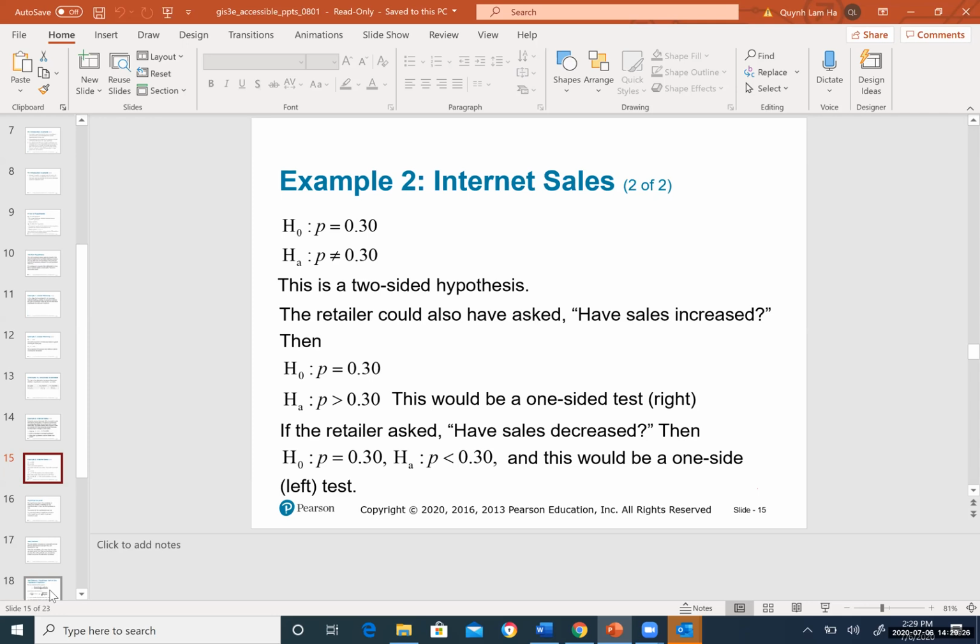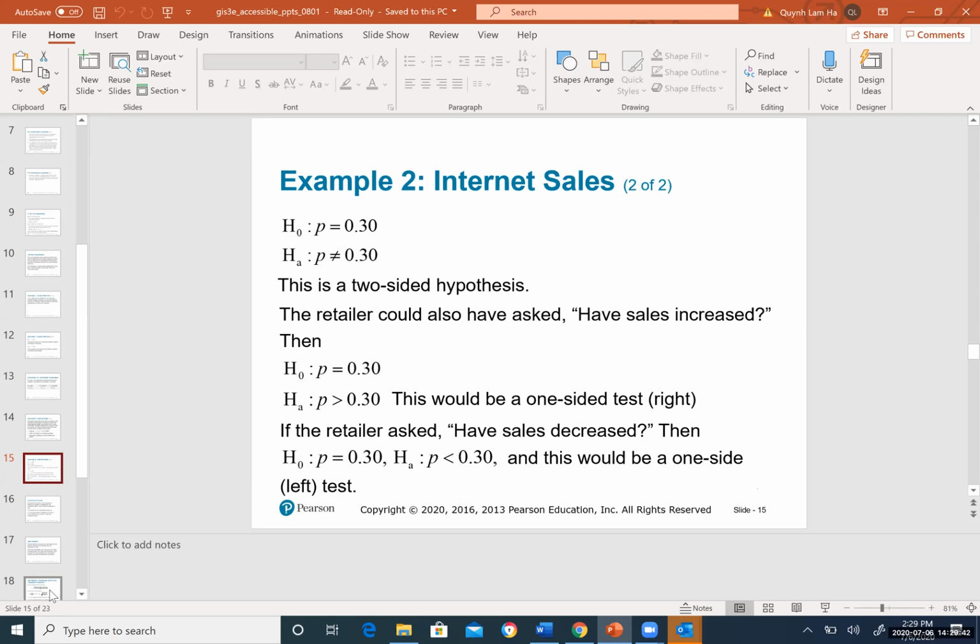So here they show you all the options, right? The first case, they say, okay, this is a two-sided hypothesis. What do you think? Are there any keywords for it? They give you the hint right here.